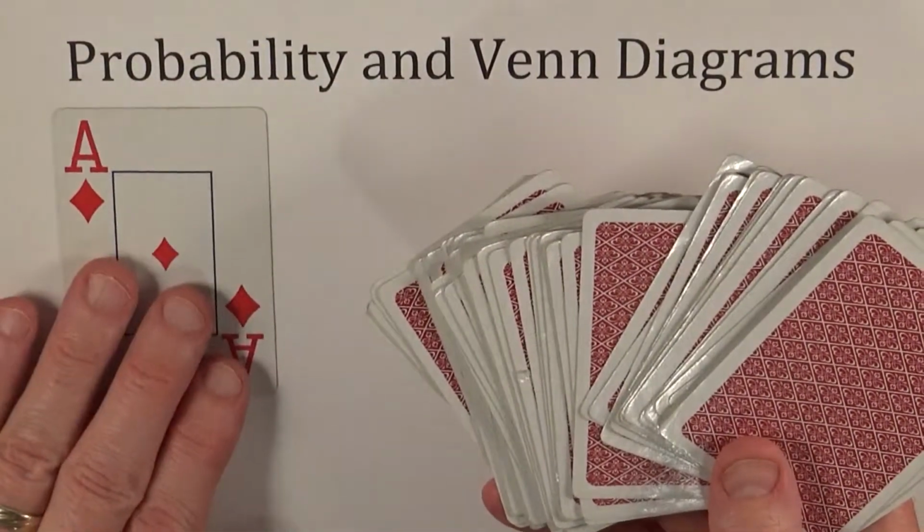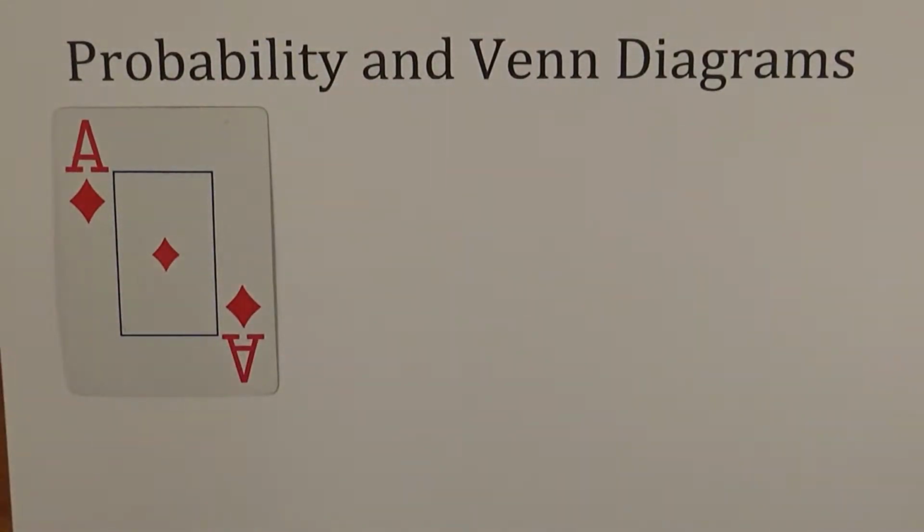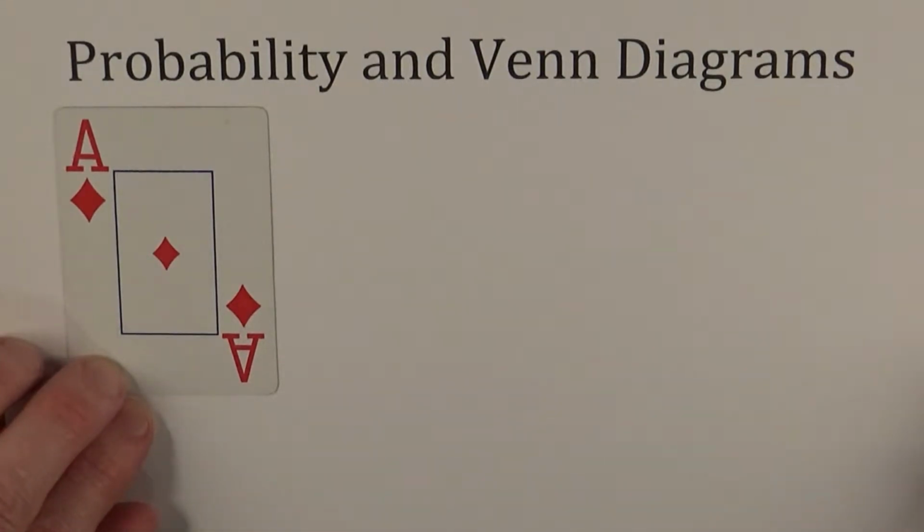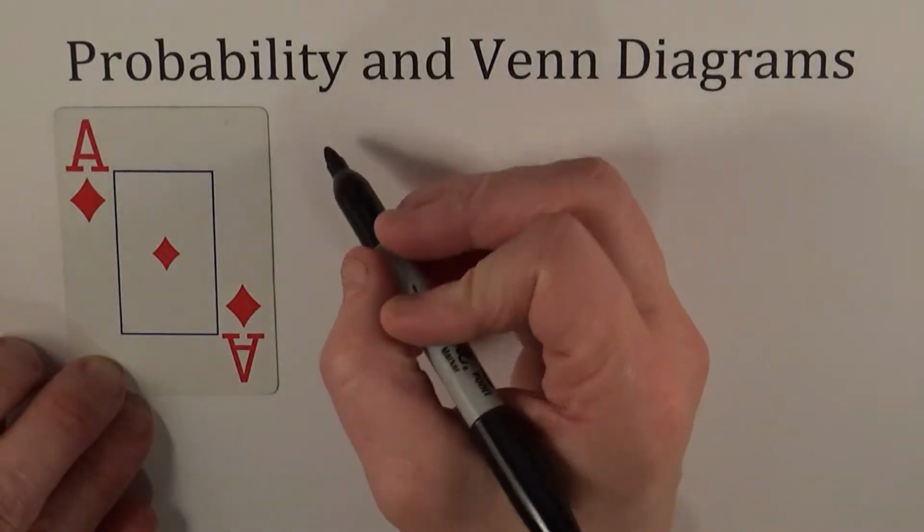So let's go ahead and set that here. Now, what we're going to do is look at the probability of us having drawn the ace of diamonds. First I want to review with us for just a moment the definition of probability. This one you probably either learned in school, or read about, or figured out on your own.